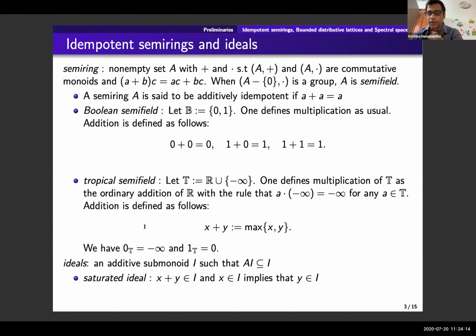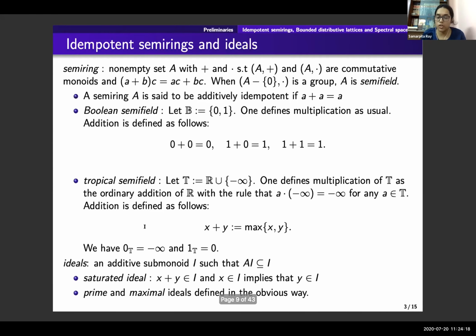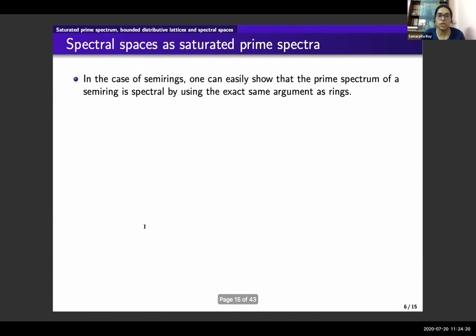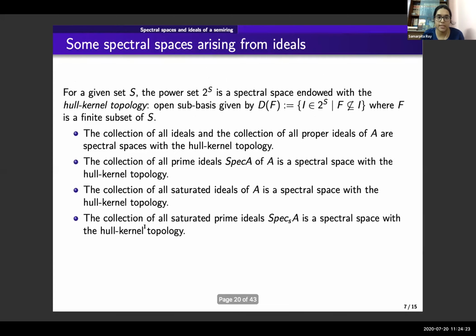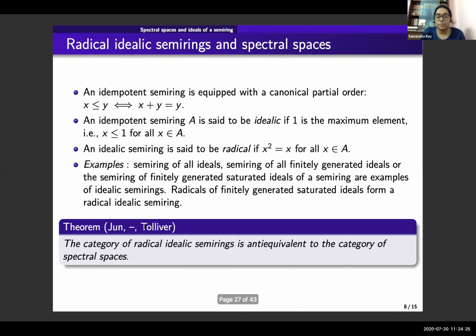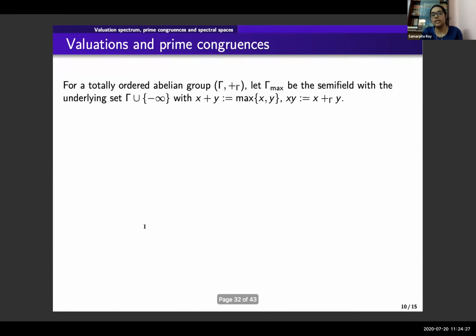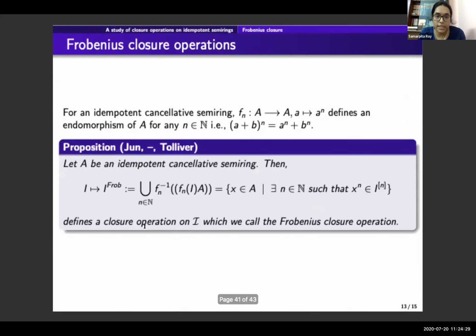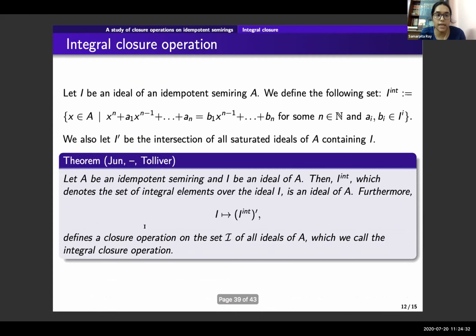Okay, so maybe one more. What is the need for these particular closure operations? Particular closure operations in the sense that I talked about only integral and Frobenius closure operations. As far as I understand, integral closure operation in general has some very important geometric applications. Closure operation is basically a way of extending some ideals.